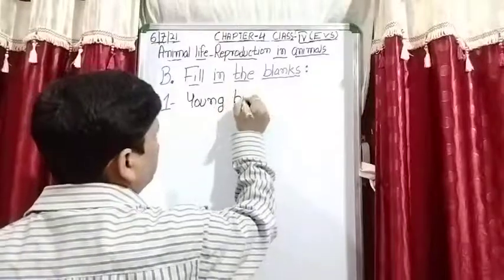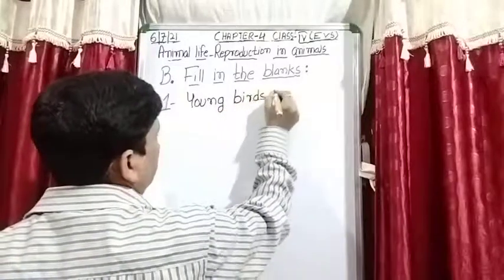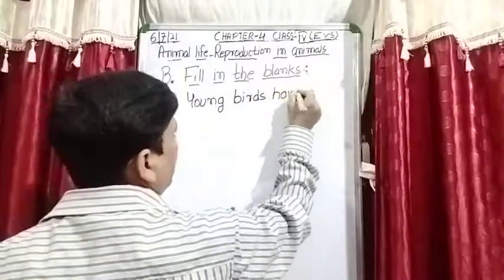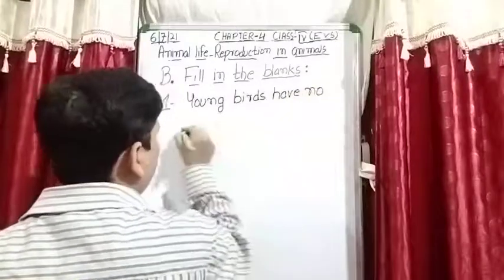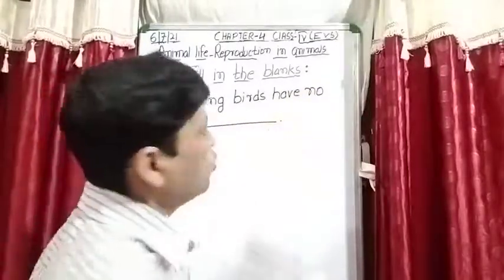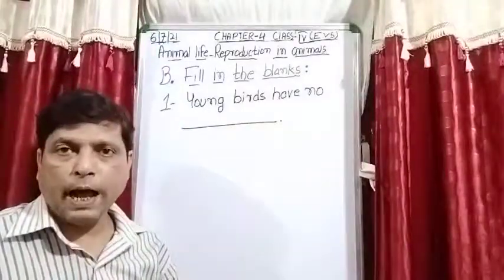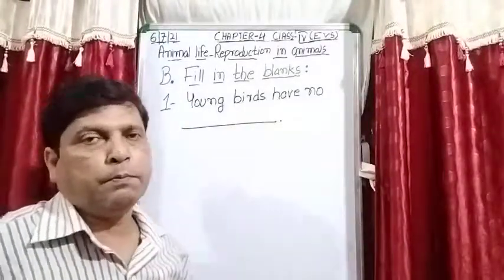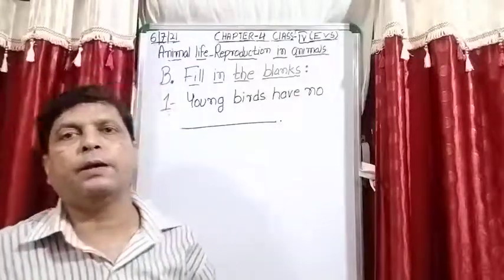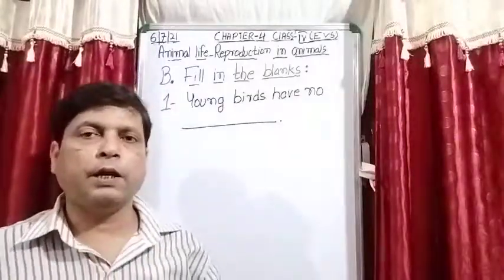Young birds have no dash. So the young birds, they come from the egg. Birds hatch their eggs and their babies come from their eggs.